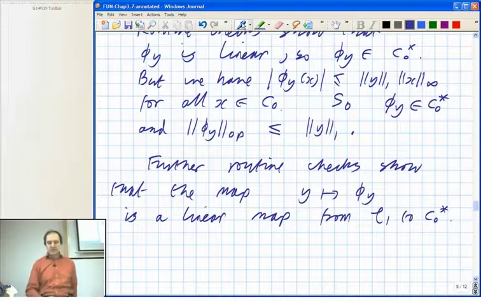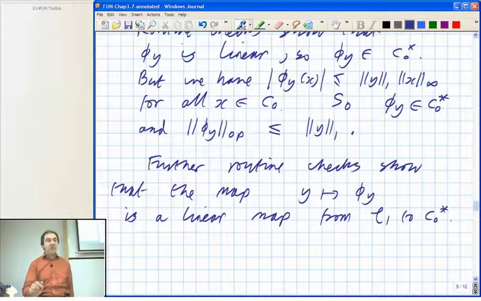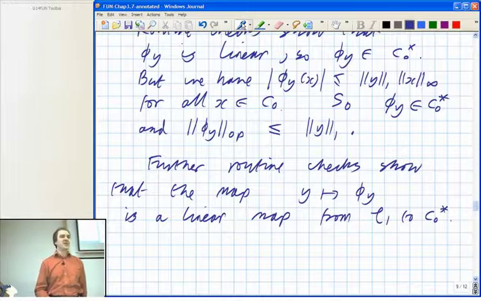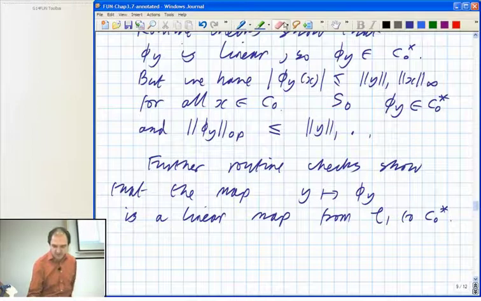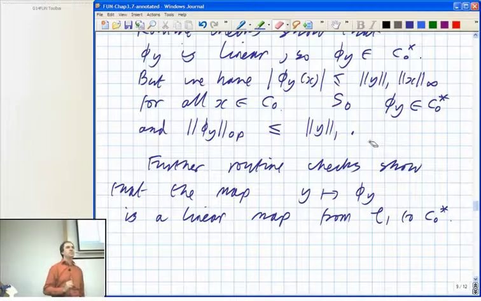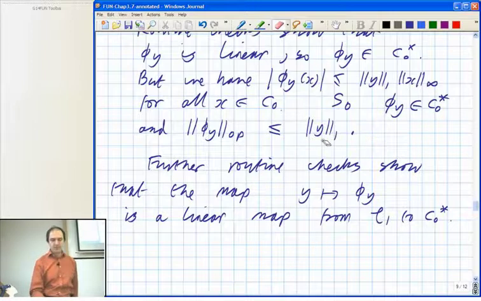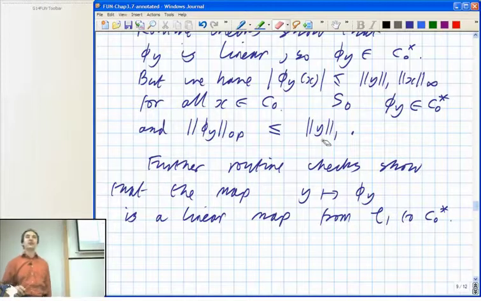So you now have a map, and the above shows that this linear operator has operator norm at most 1. But what we really want is that it should be an isometric isomorphism. So it should be onto, and then we've got that the operator norm of phi y is less or equal to the norm of y. So what else are we going to need?